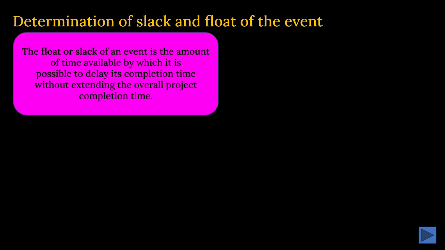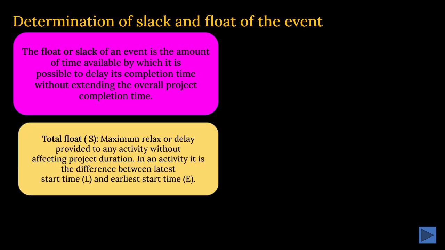That is the float or slack. So float or slack of an event is the amount of time available by which it is possible to delay its completion time without extending the overall project completion time. You got my point? Take it further.